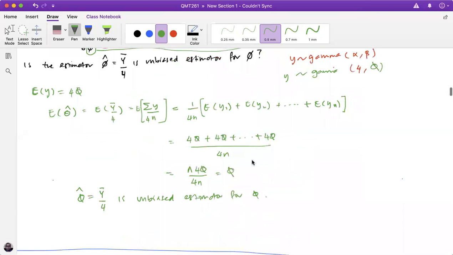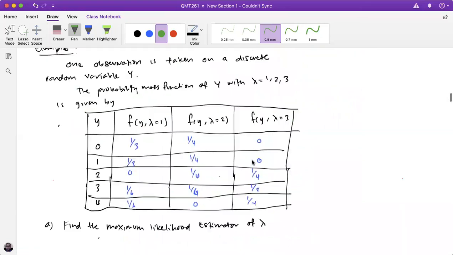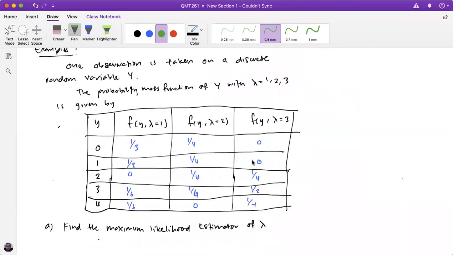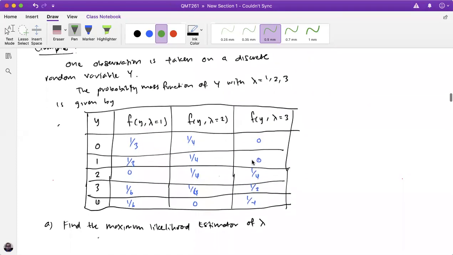So now look at the last example for unbiased estimator. Just now we looked at a continuous example. This one is a discrete example. Example number 7.